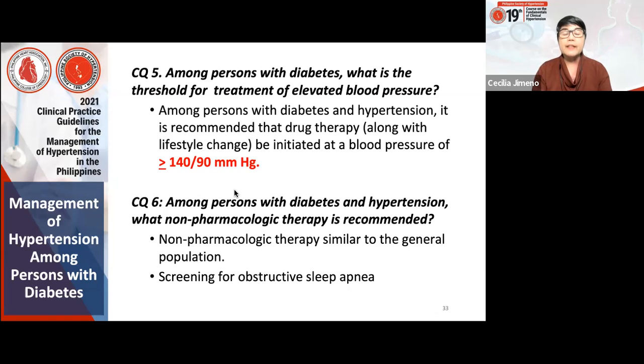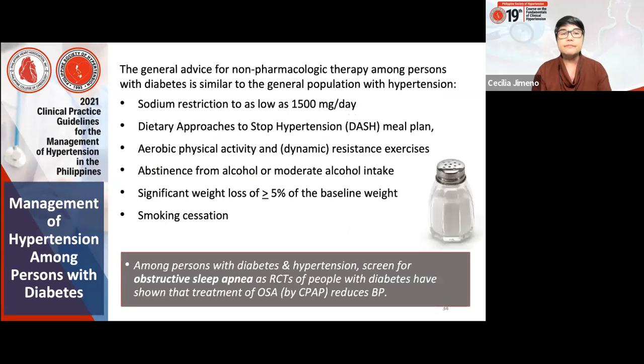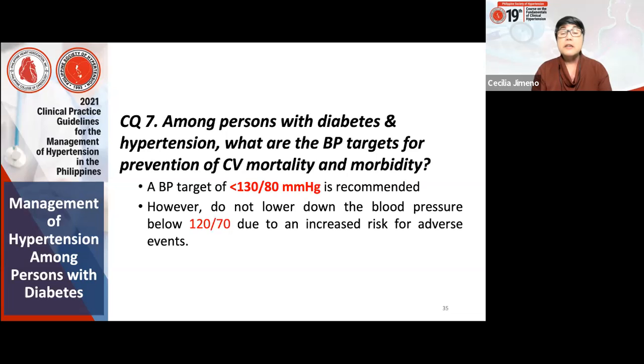So we treat at the threshold of more than or equal to 140 over 90. And we aim for a BP target of less than 130 over 80 millimeter mercury. However, we do not want it to be less than 120 over 70, on the other hand, due to an increased risk for adverse events.